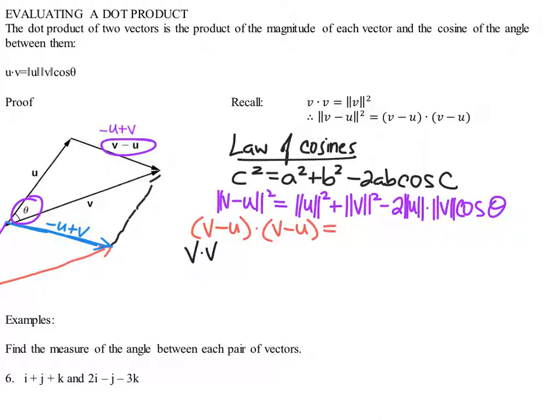So the outers would be negative u dot v, and we'll have two of those, so negative 2 u dot v, then plus u dot u.